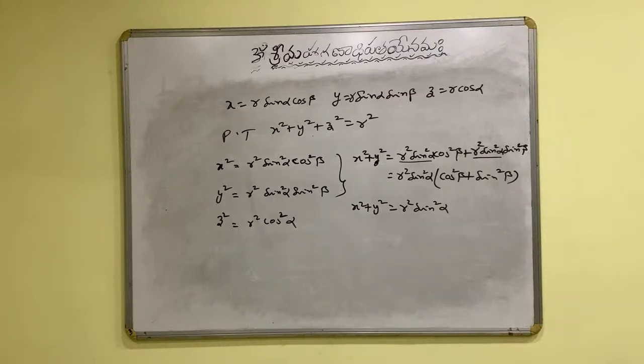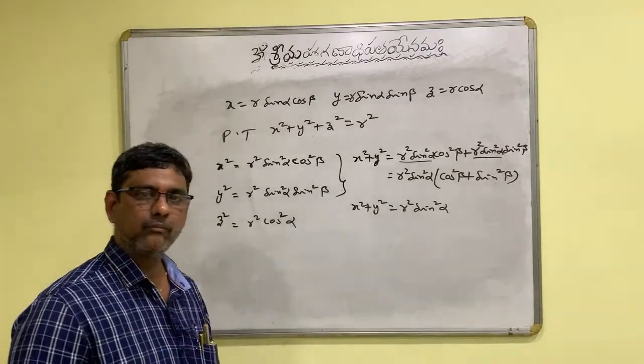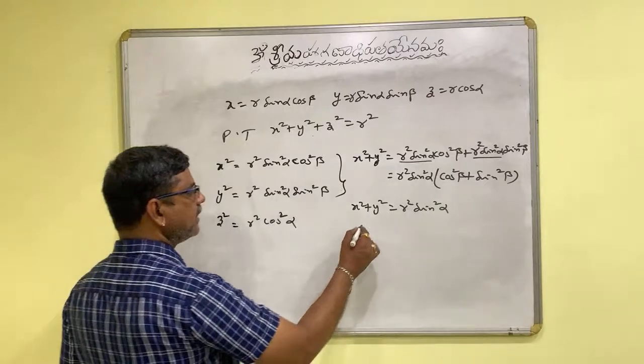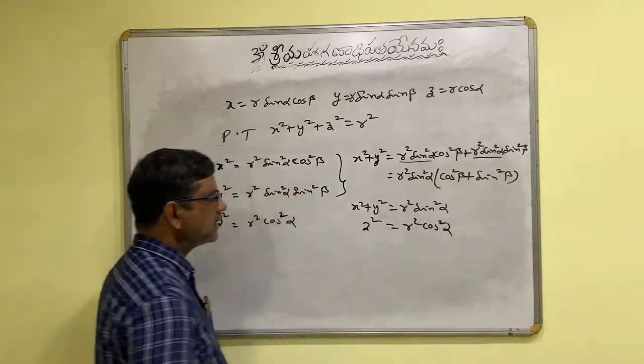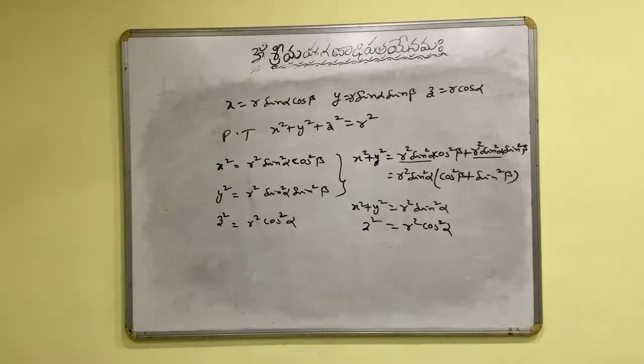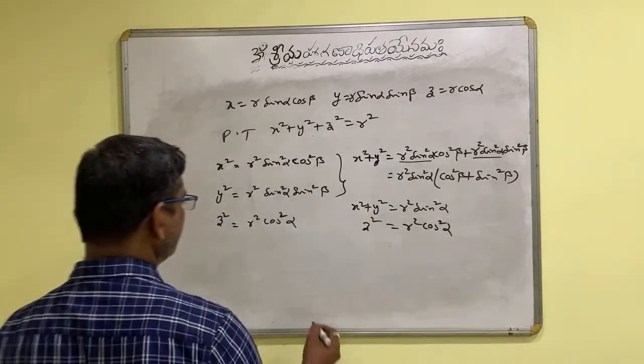Then what to do, children? Then we have z square as r square cos square alpha. So what we have to do? Add z square. Yes, add z square.